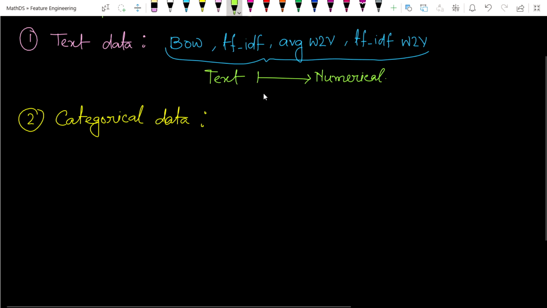With categorical data, we cannot simply apply machine learning models directly. Somehow we have to convert these categories into numerical features. Then we can apply machine learning models on it. The most popular way to convert categorical data to a vector quantity is one-hot encoding.